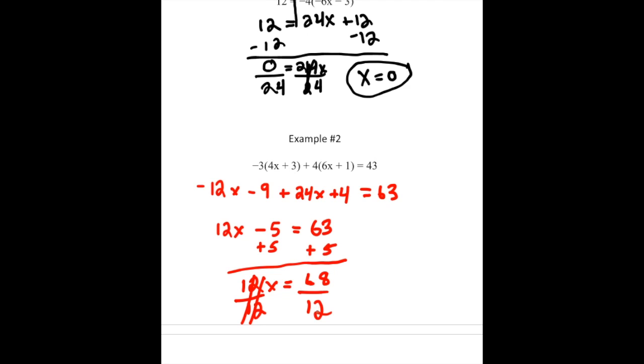And we know, let's see, 12 times 5 is 60. So it's going to be 5 and 8/12, which really reduces down to 5 and 2/3 equals x. All right, so the main thing to remember about this problem is we first had to simplify the left-hand side of the equation, and then once that was done, we could solve.